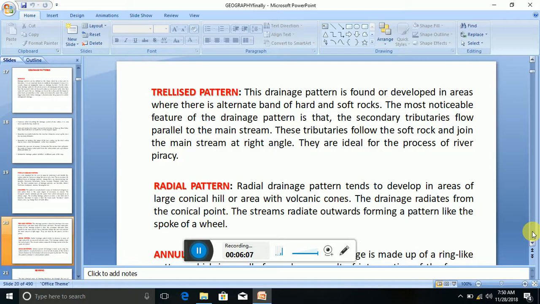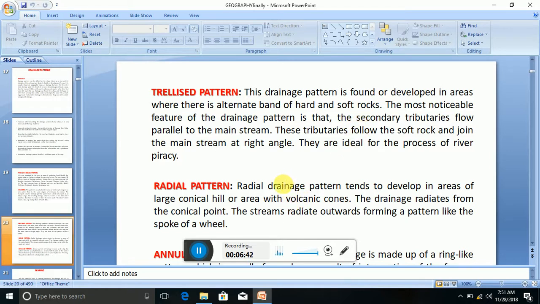These tributaries follow the soft rock and join the main stream at right angle. They are ideal for the process of river piracy. So whenever you hear that the tributaries are joining the main river at right angle, then you are talking about the trellised pattern. Or whenever you hear alternate band of soft and hard rocks.